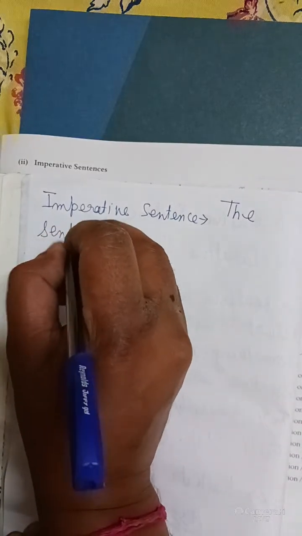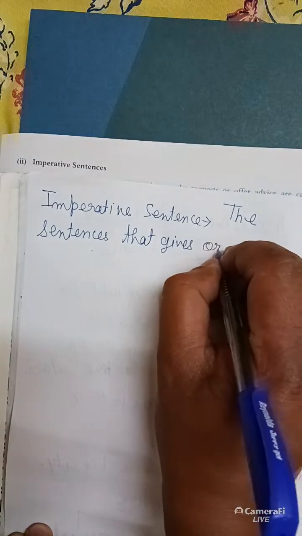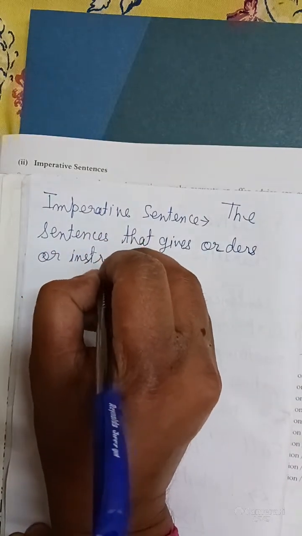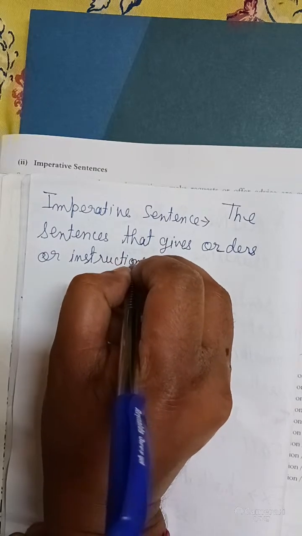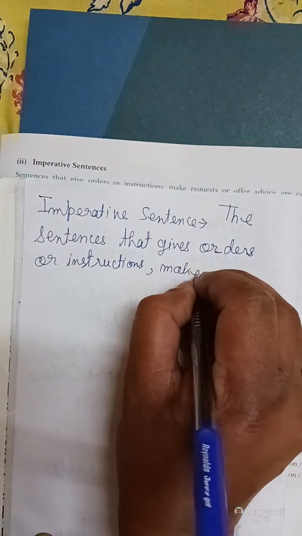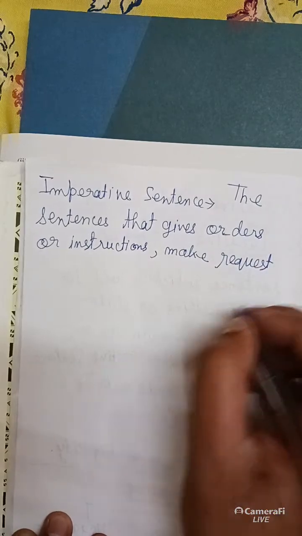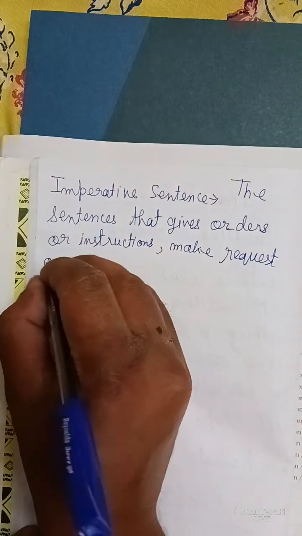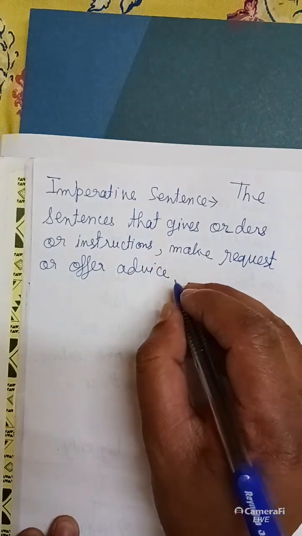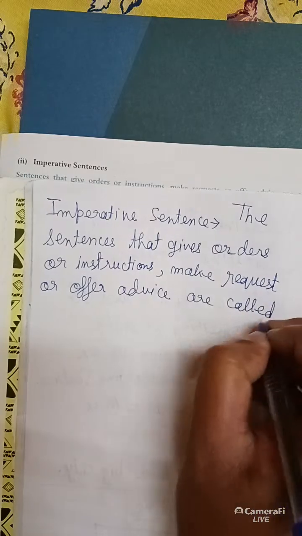The sentences that give orders, meaning "Go there," this is an order, or instructions, like "Carry the letter with you," make requests, meaning "Please close the door," or offer advice, meaning "Take your medicines regularly." These are called imperative sentences.